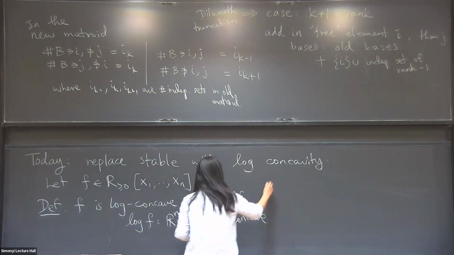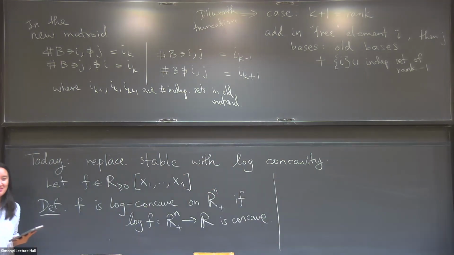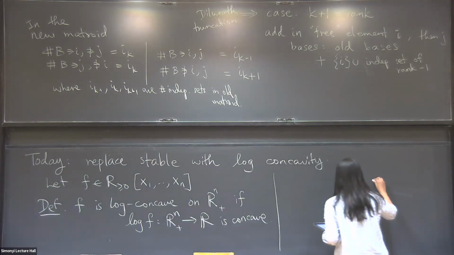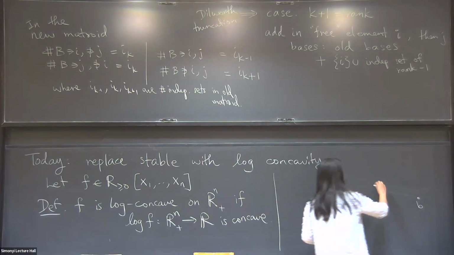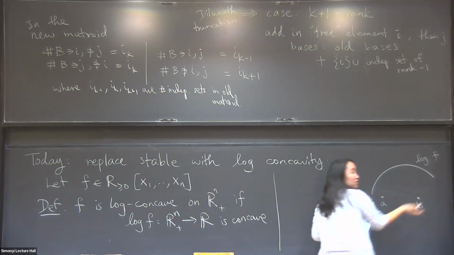Okay, now we have to pretend we're back in calculus 1 for a bit. Let's imagine what it means to be concave. Say we have 2 points, A and B in Rn. If I'm drawing the graph of my log f, it has to look like that.